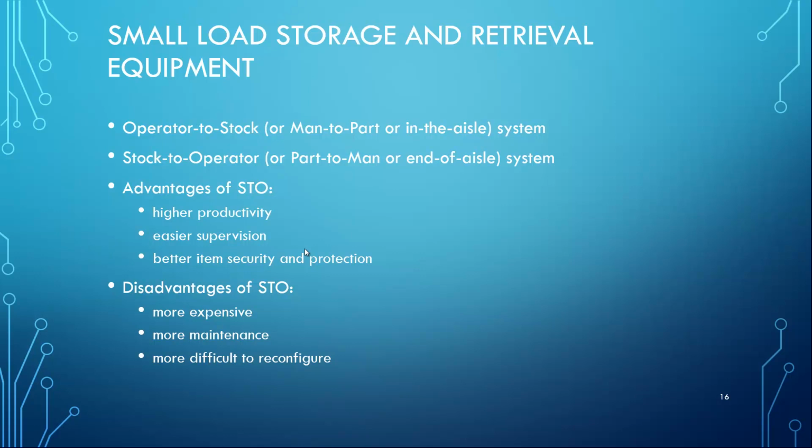For example, you have Amazon using programmable robotics to bring the stocked items to the operator. The whole shelves, like a rack, the whole rack will be moved by a robotic system to the operator. Other companies use vertical and horizontal carousels, which also need to be programmed and configured.